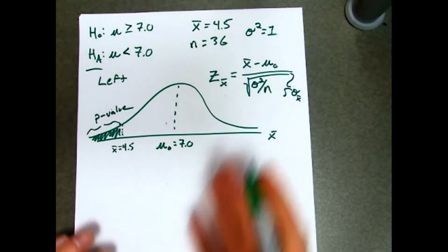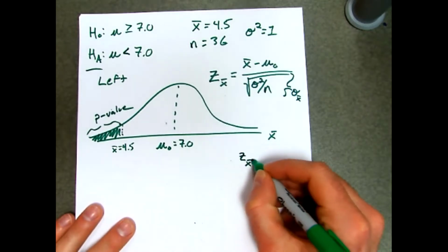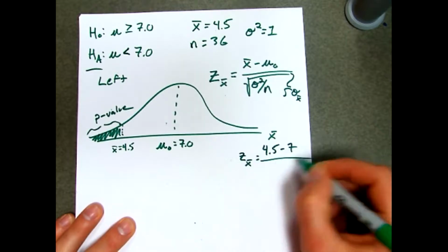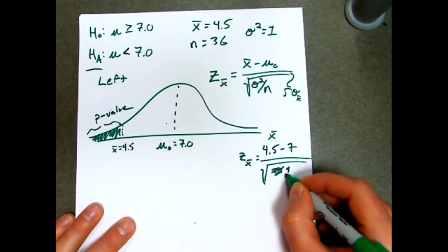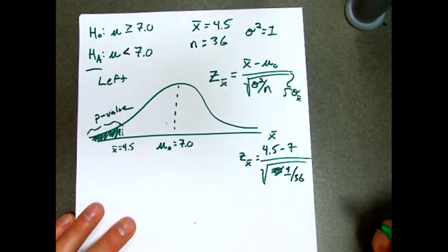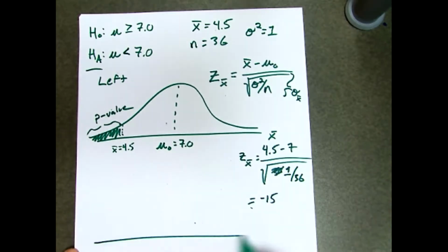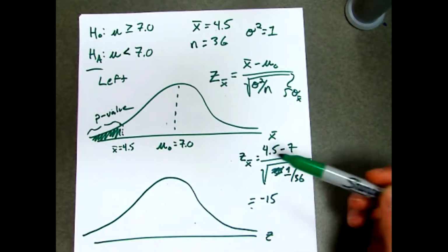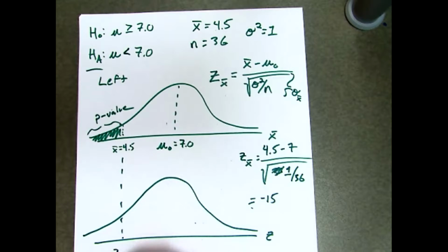It's a matter of plugging in our values: 4.5 minus 7, divided by the square root of 1 over 36. We end up getting negative 15. This is pretty wild. If I turn this value into my z statistic, I get negative 15.